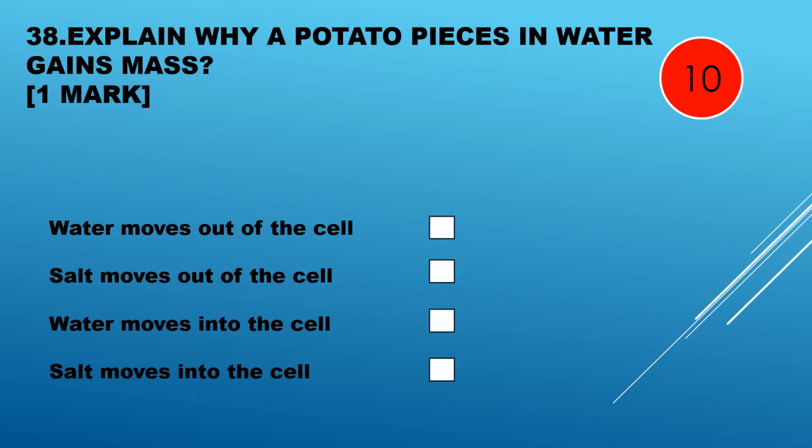38. Explain why potato pieces in water gain mass. Does water move out of the cell, salt move out of the cell, water move into the cell, or salt move into the cell? It's water that moves in and out of the cells, and if it's gaining mass, water must be moving into the cell.